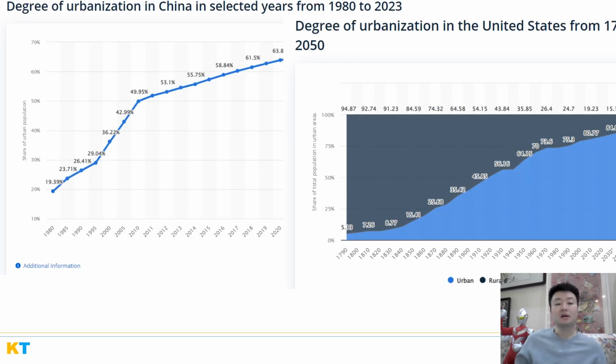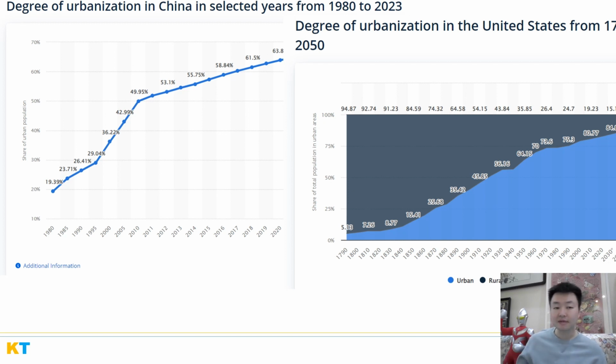If we compare the urbanization in China and in the United States, you'll notice that in the 1980s, China's urbanization was close to 20%, and today it sits at 60-something%. If you look at the urbanization in the United States over the same time period, in the 1980s it was 75%, and today it sits at around 80%.